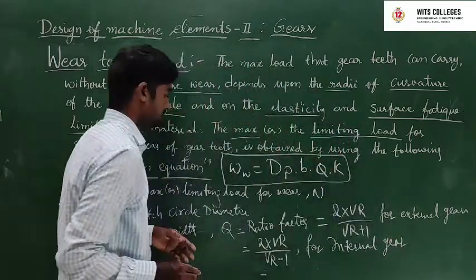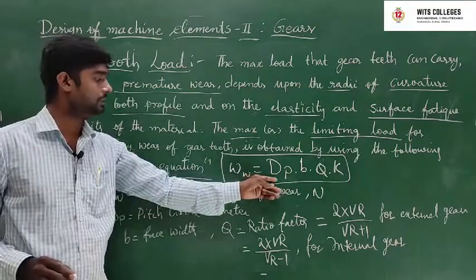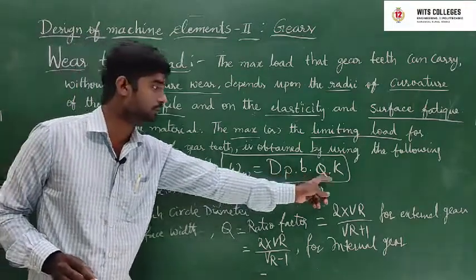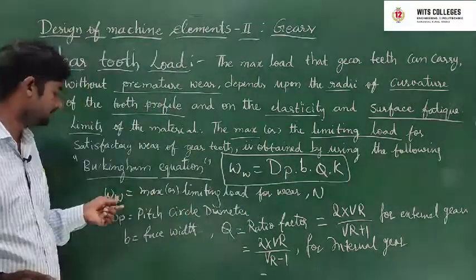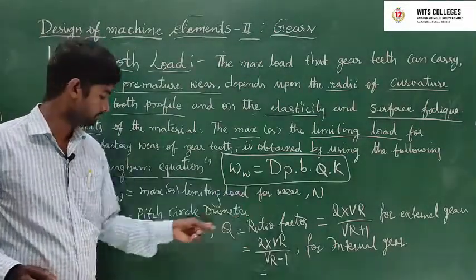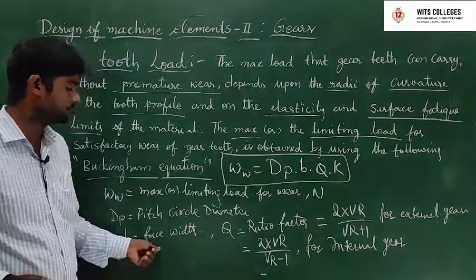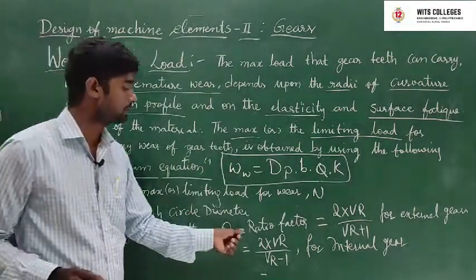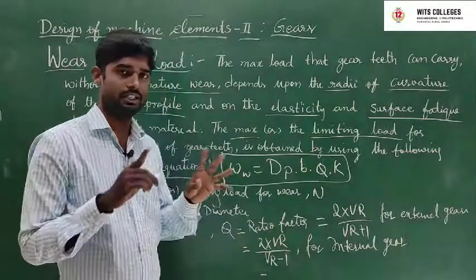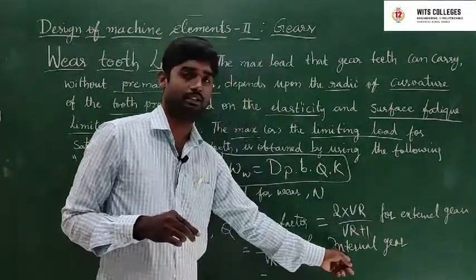Let's see again. Wear tooth load is equal to Dp into b into Q into K. Dp is equal to pitch circle diameter, b is equal to face width, Q is equal to ratio factor. There are two formulas, one for external and one for internal gears.